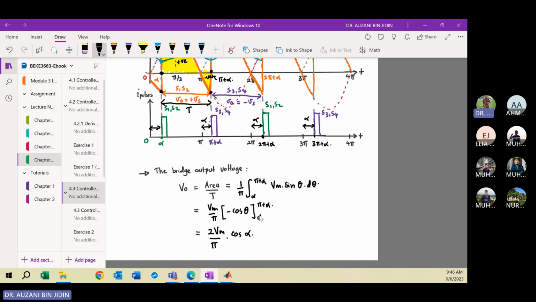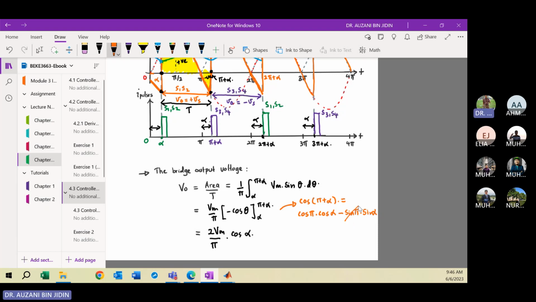To solve and get the last equation, you need to apply this trigonometric identity. You have cos of pi plus alpha here, where cos of pi plus alpha is cos pi cos alpha, then minus sin pi sin alpha.